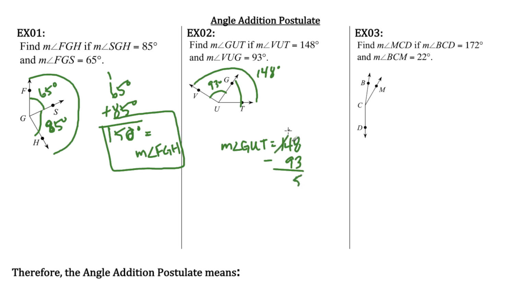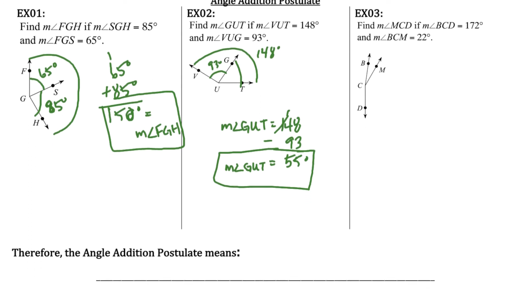I'm going to borrow. We got 14 minus 9 is 5. So 55 degrees. The measure of angle GUT is 55 degrees. And y'all get the point, so let's not even do that last one.